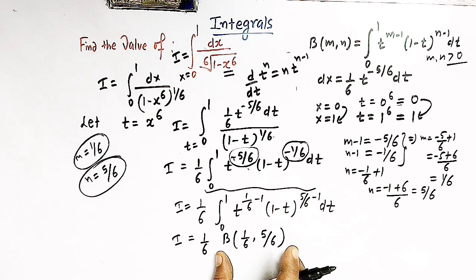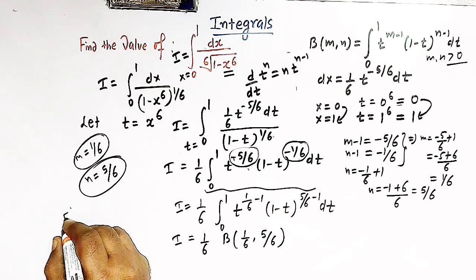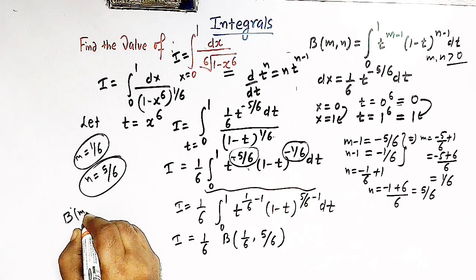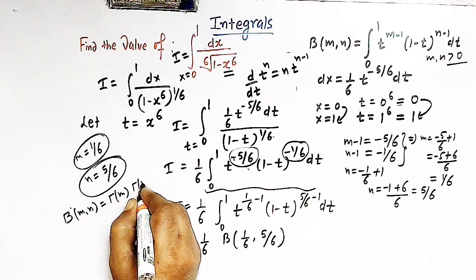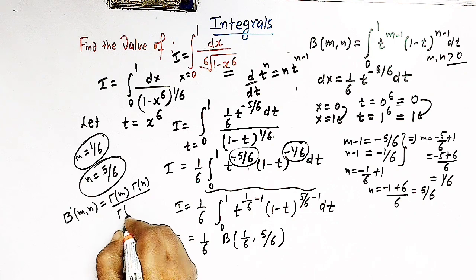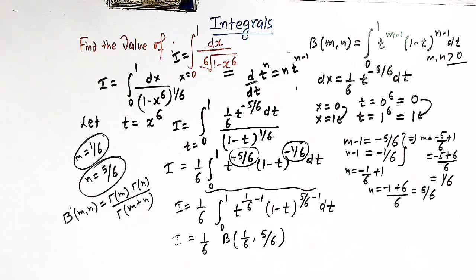Now we have to find out the value of this expression. To get the value of this expression, we'll make use of an important relation between beta and gamma functions. Beta m comma n is given by gamma m times gamma n divided by gamma m plus n.